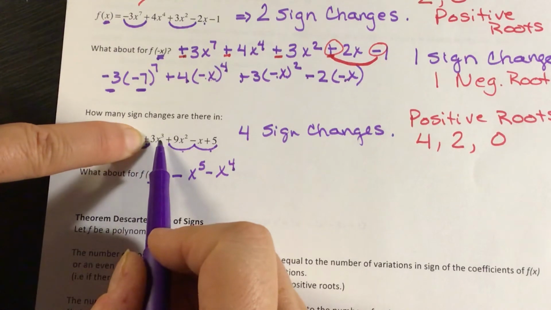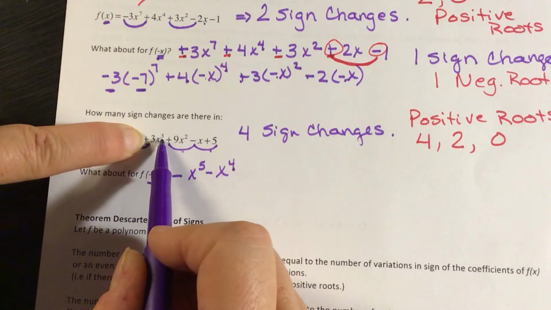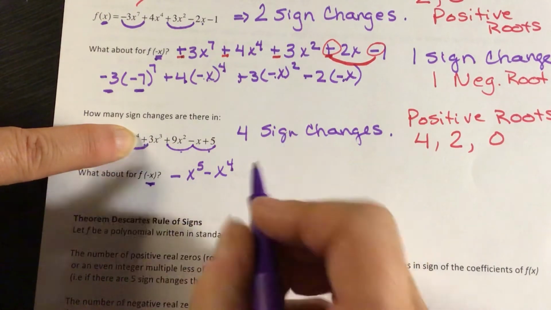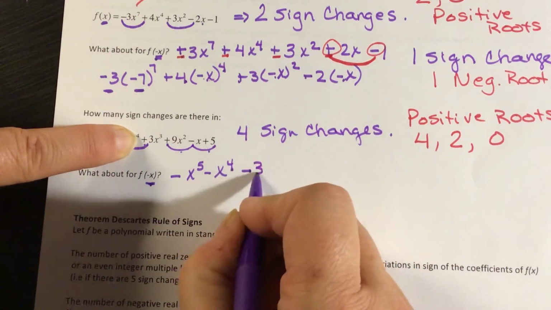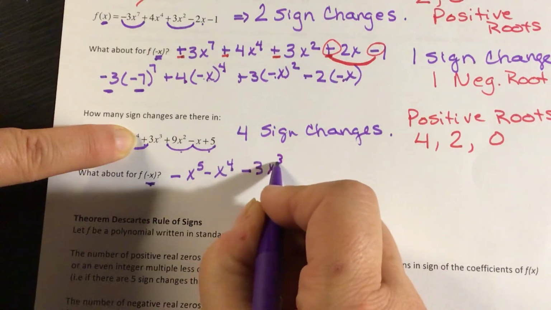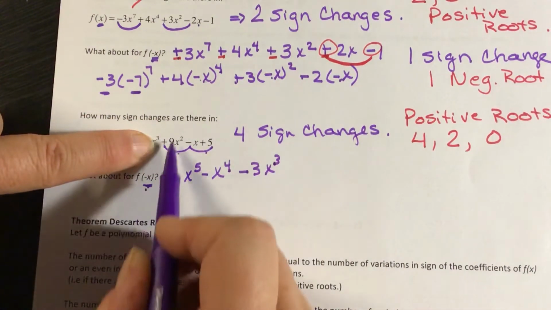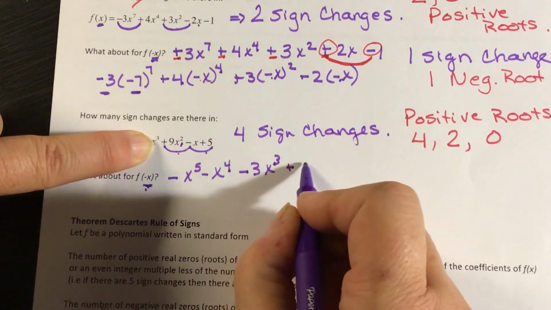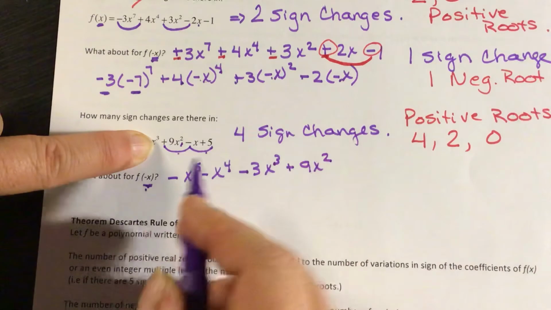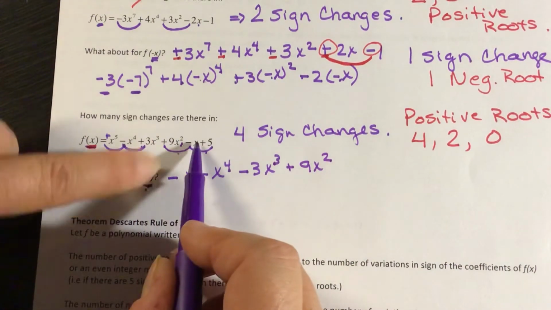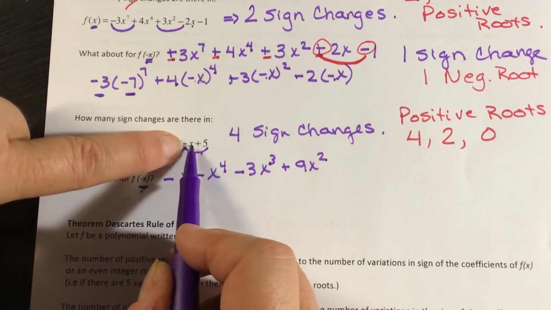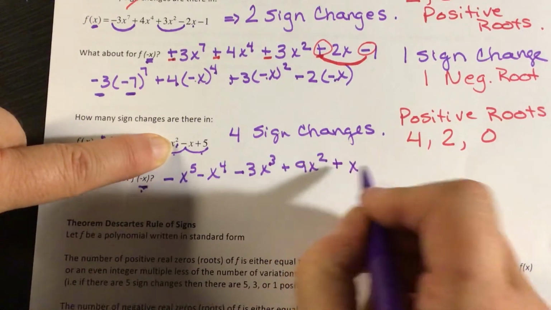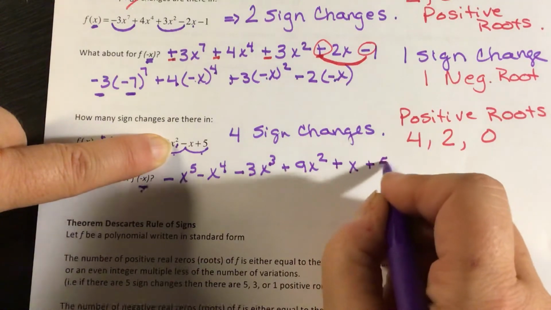Negative x to the 3rd power is negative x to the 3rd power times a positive, so a negative times a positive is now a negative 3 times x to the 3rd. Negative x squared is positive x times positive 9, so that'd be plus 9x squared. Negative x in for x. A negative x times a negative is a plus x, and then plus 5.